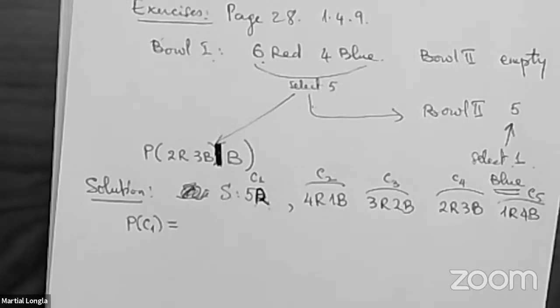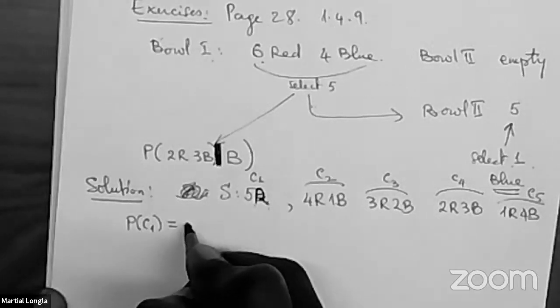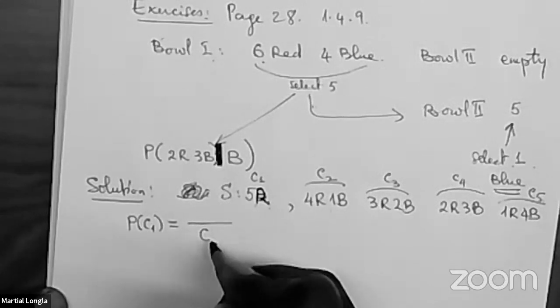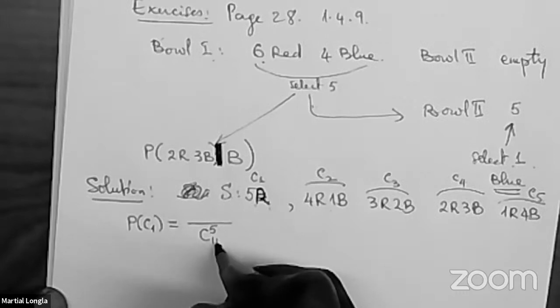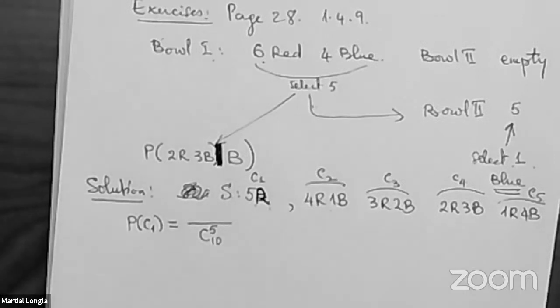Remember what we did at the end of the previous lecture? These are the counting principles. We are selecting 5 balls at the same time without replacement. So what formula needs to be used? 5 choose... So we are choosing 5 out of 10. That's another notation for that.